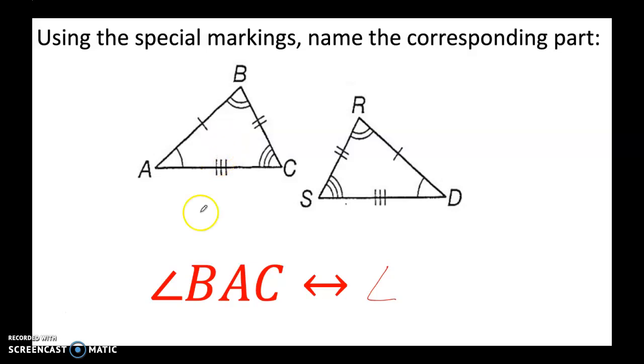B has two markings, so with R. So we start from R. Next, A with one marking, so with D. And C with three markings, so with S. Therefore, angle BAC corresponds to angle RDS. So again, look for the markings in order for you to have the proper corresponding parts of the triangle.